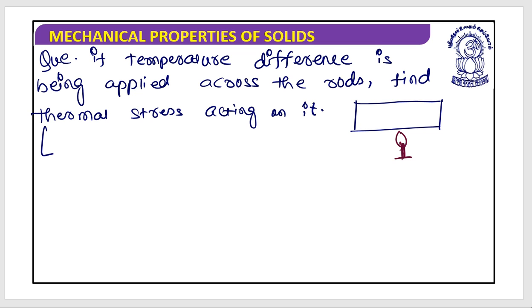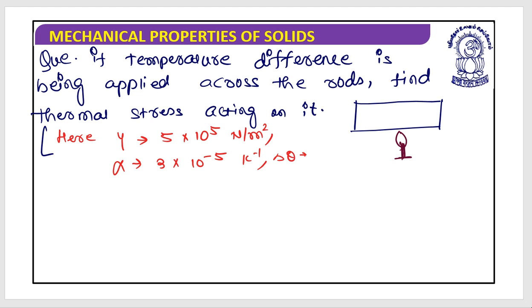Here Young's modulus is 5 × 10^5 Newton per meter square, alpha is 3 × 10^-5 Kelvin inverse, and delta theta is, let's say, 10 degrees Celsius.